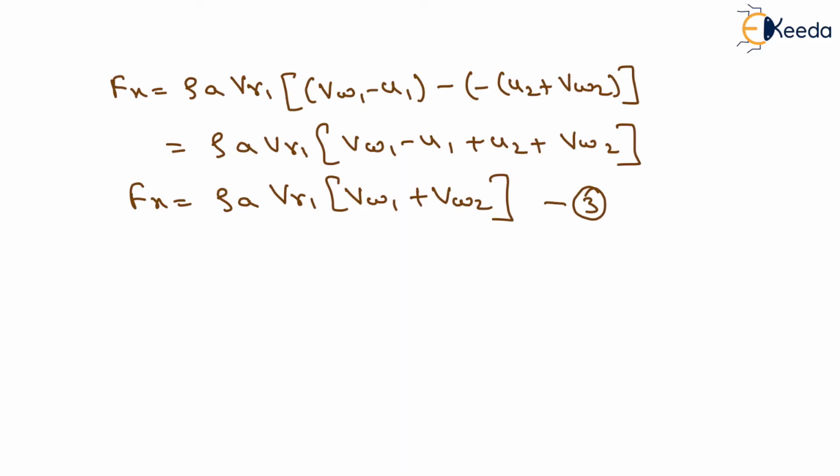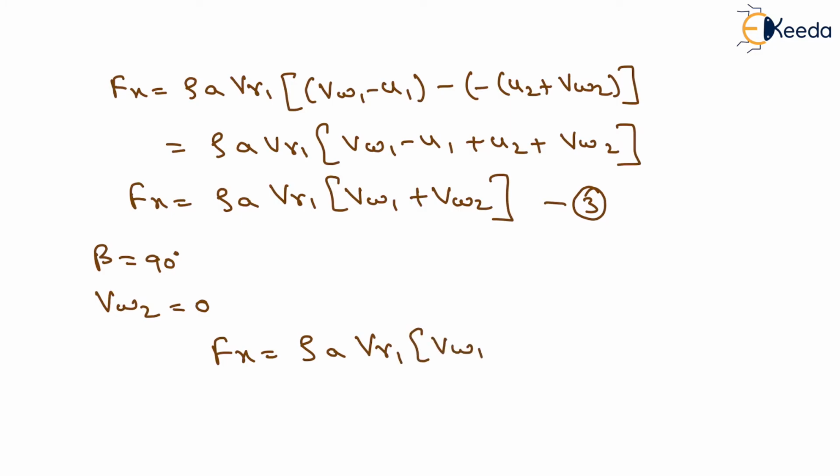If beta is equal to 90 degrees, then Vw2 will be equal to 0. So equation 3 becomes Fx equals rho into A into Vr1 into Vw1.